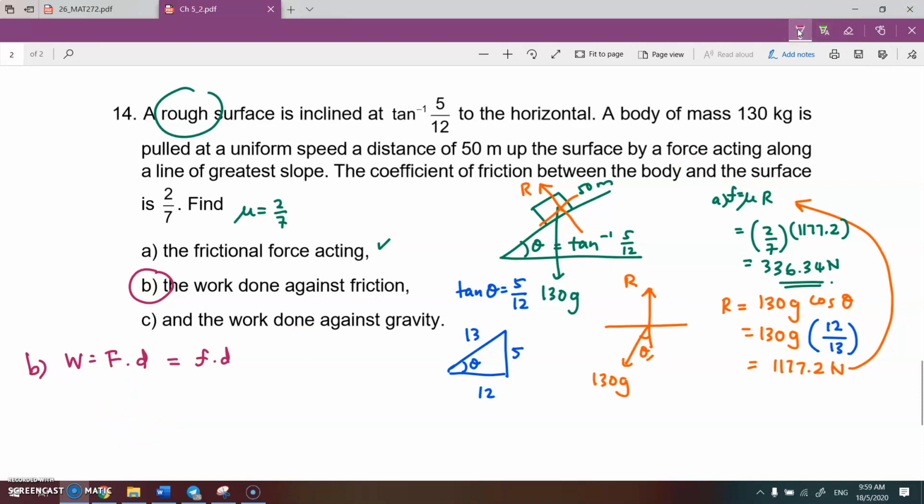So your frictional force is 336.34 times the distance, which is 50. So your answer would be 16817 joules.